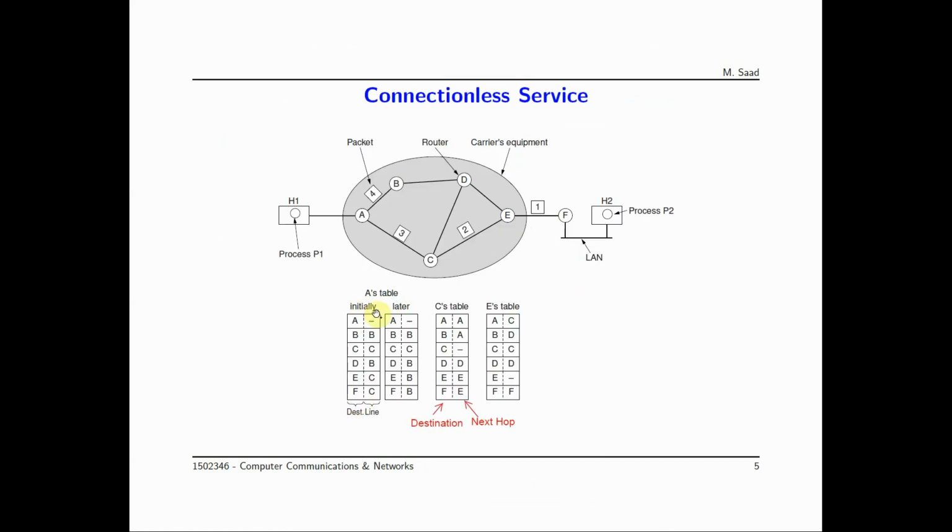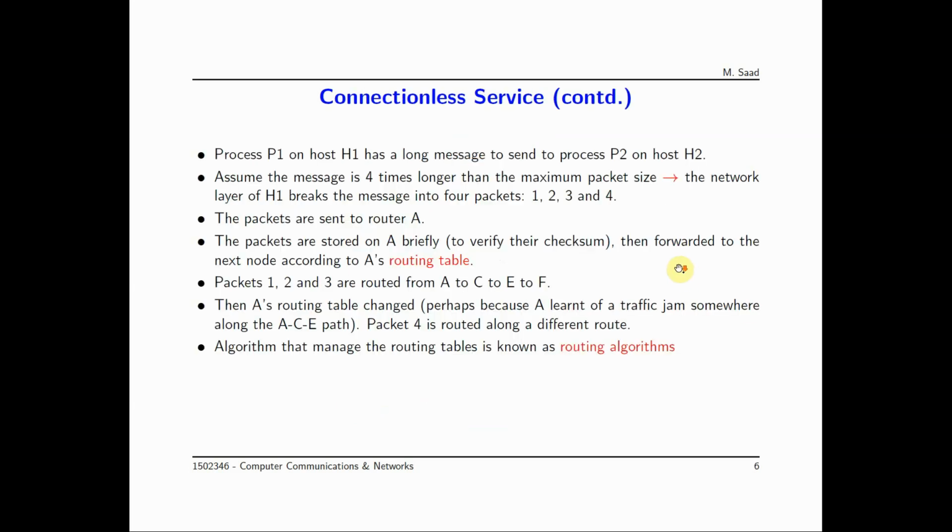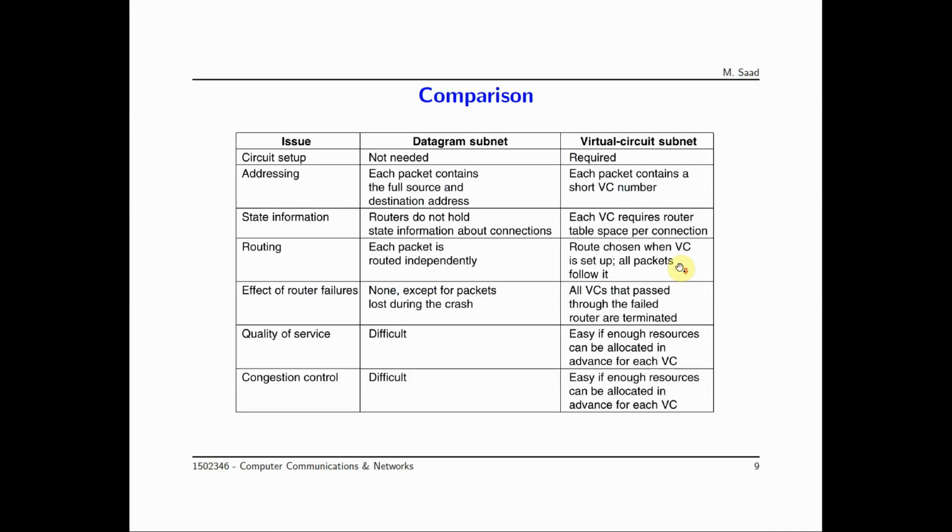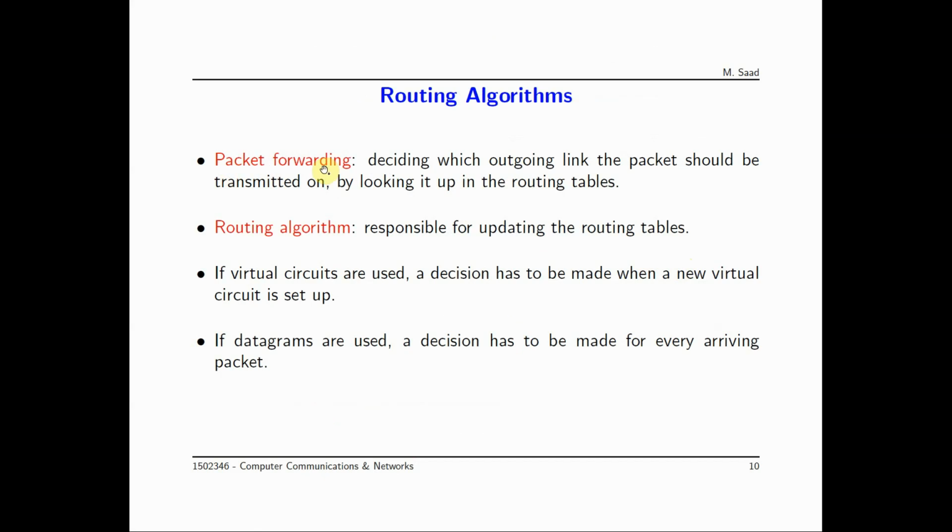A router using such a routing table to decide what is the outgoing link for an incoming packet. So using the table, the router will check basically the destination of the packet, and then based on the information in that table, the router is able to decide how to forward the packet.